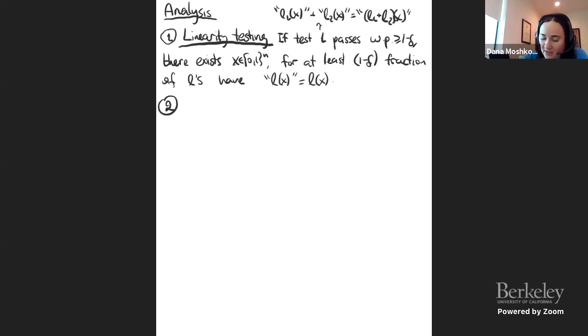again linearity testing. Similarly, we do this test not just for the linear functions but also for the Qs.